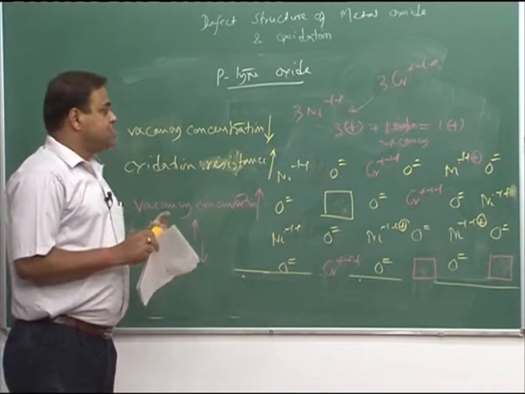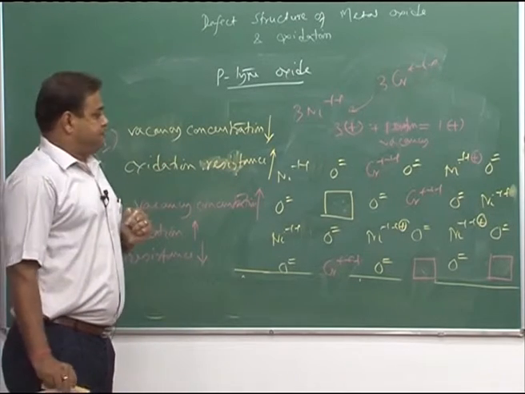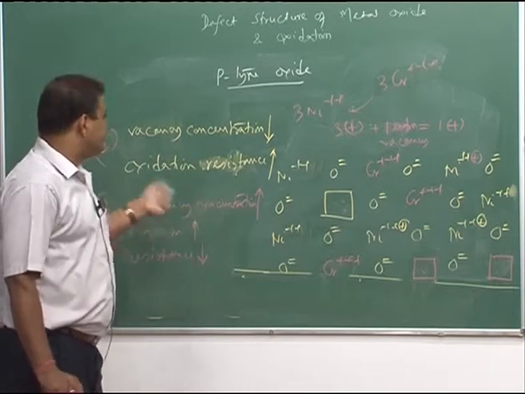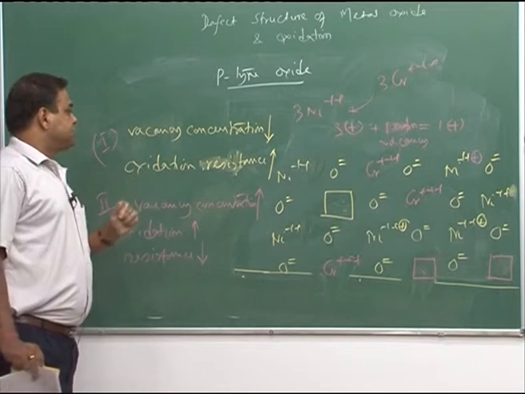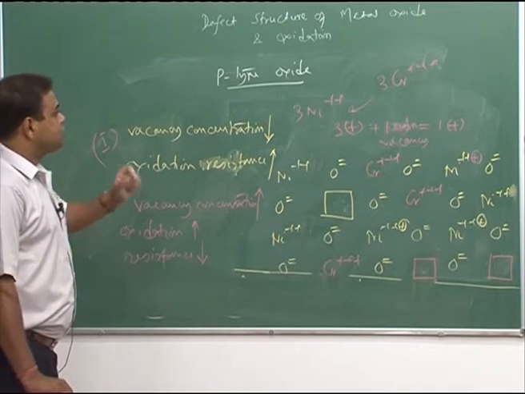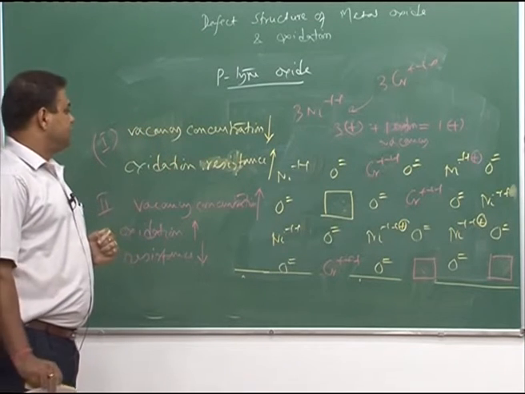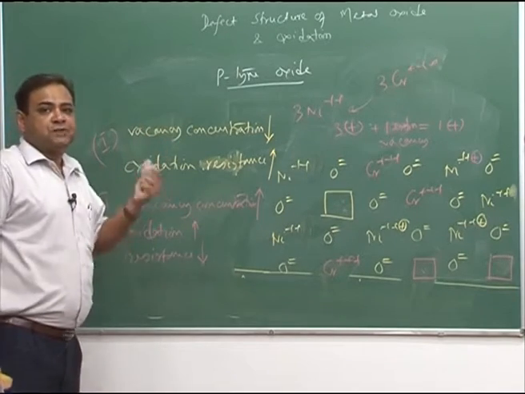That is true if the chromium content is beyond a certain critical limit. Now, in case of doping, in order to have the benefit of increased oxidation resistance, we need to dope it maximum up to 5%, but if it is beyond 5%, the situation would be different.